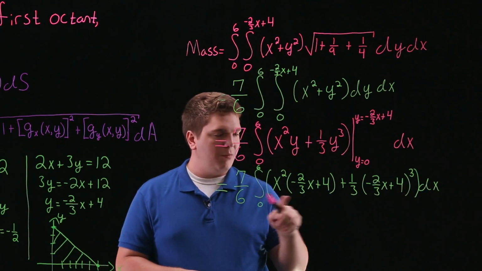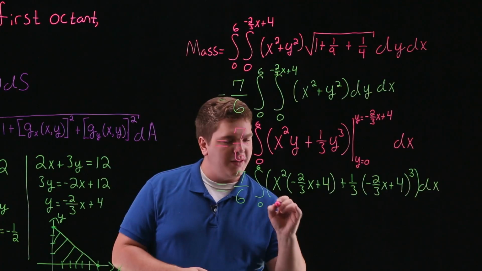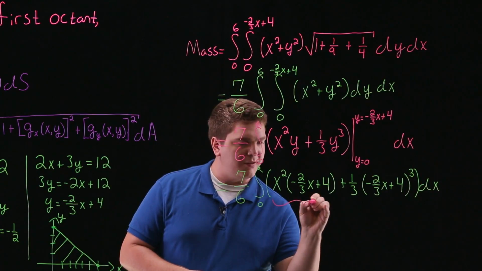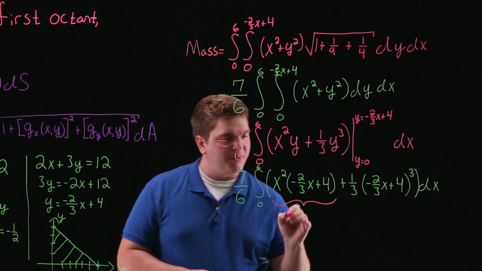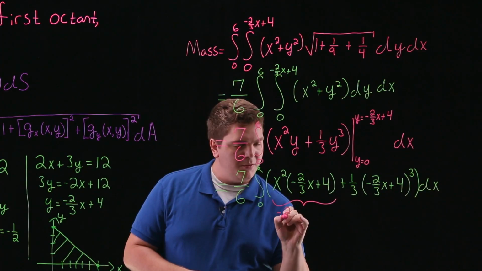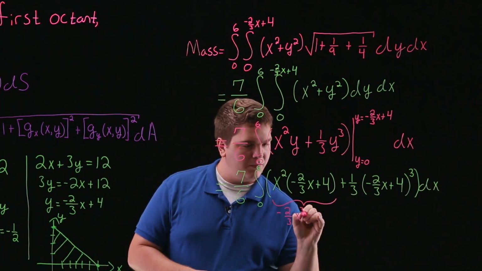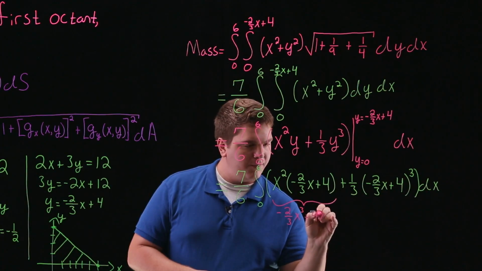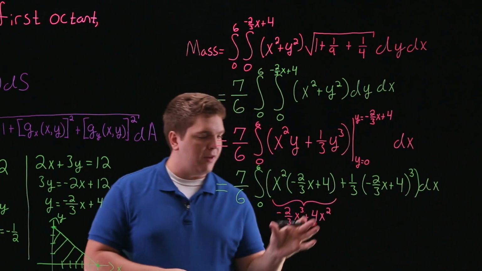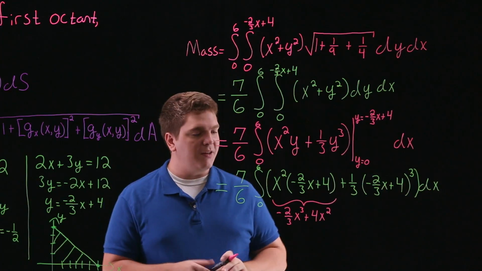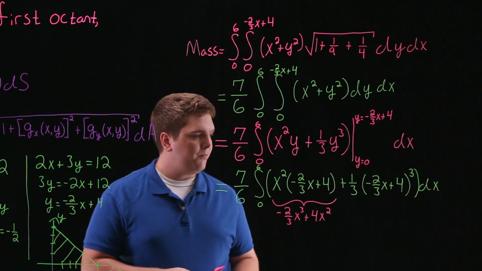So if we imagine multiplying this through here, for the sake of space, I'm just going to write this down here, and we can write this as negative 2/3 x cubed plus 4x squared. So that when we come down to the next step and we actually integrate, we can just integrate this here.